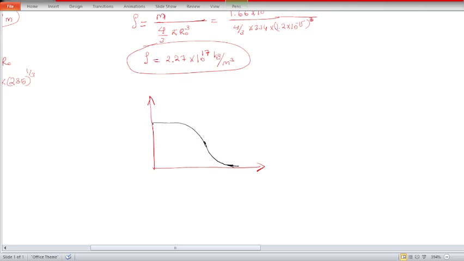This is for lighter nuclei, for example a copper nucleus. And if you consider a somewhat heavier nucleus, like gold, it will be slightly up here, and it is almost constant, and then after a certain distance it will start decreasing. So the trend is the same, and this is for gold.